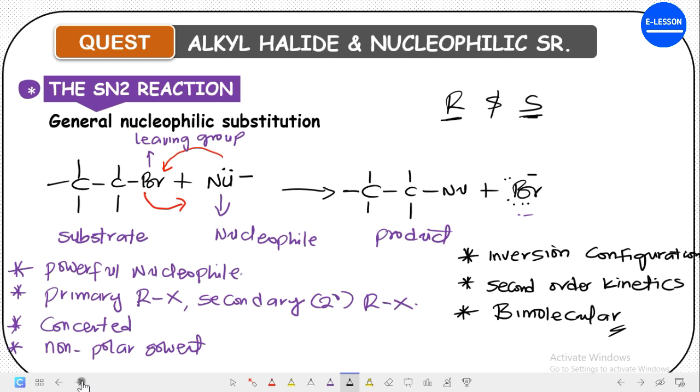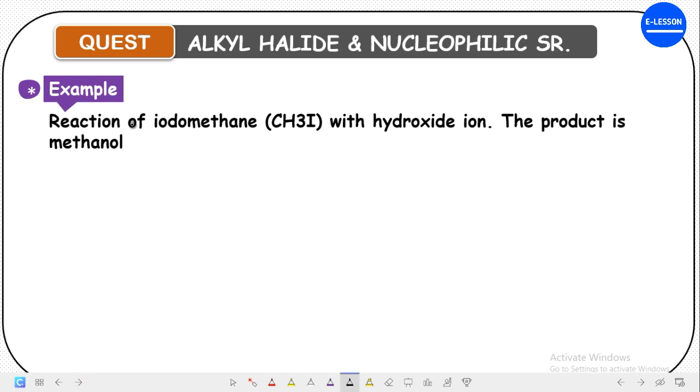So let's look at the reaction of iodomethane with hydroxide ion. The product is methanol. This is an example of SN2 reaction. Iodomethane is CH3I, right? Plus hydroxide ion, OH negative. When this reacts, it is going to form CH3OH, which is methanol, plus the iodide ion with, of course, its lone pairs of electrons.